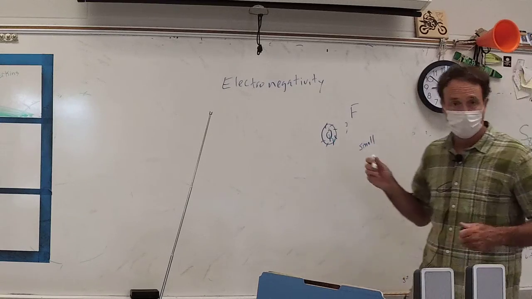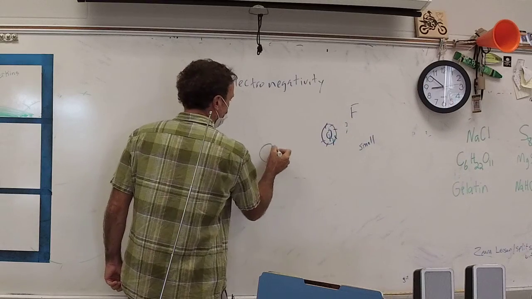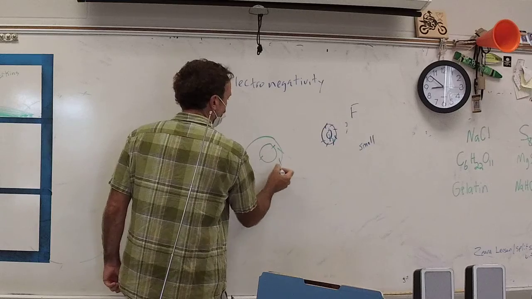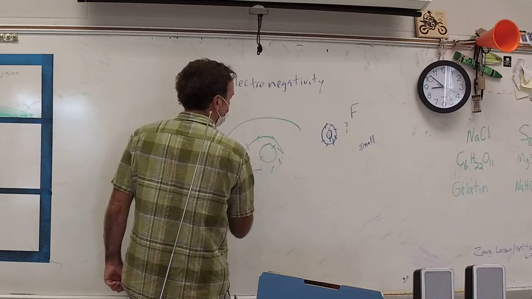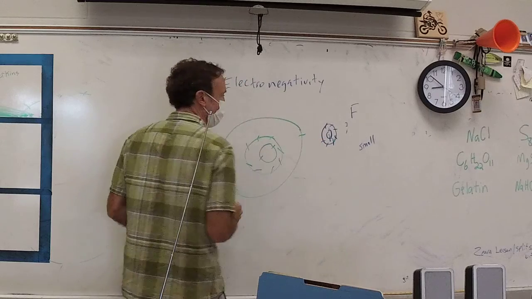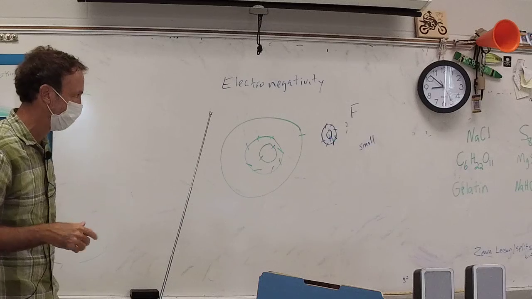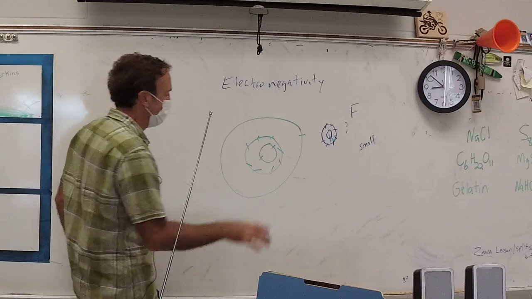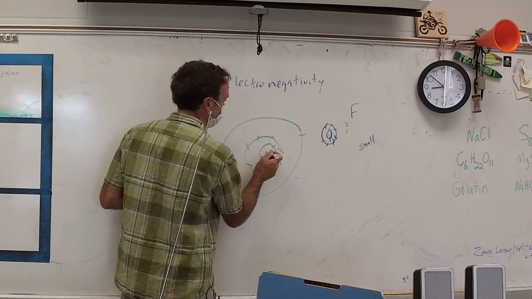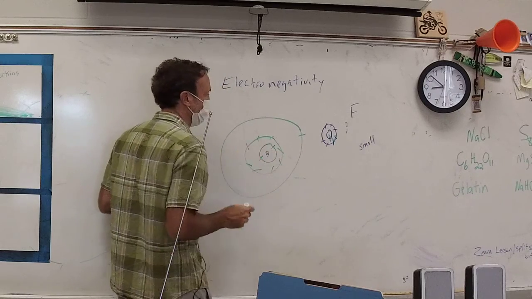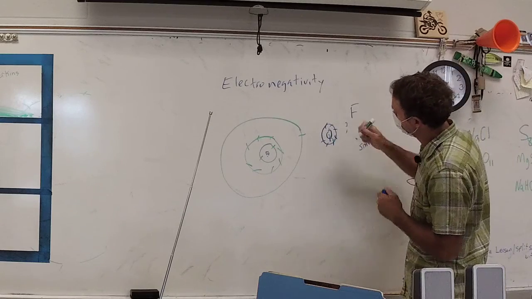Now let me draw another atom beside of fluorine. Let me draw sodium. Okay? This is not a bad picture. I know it might look ridiculous to somebody, but it's not bad. If you look, here are the protons for sodium. Here are the protons for fluorine.